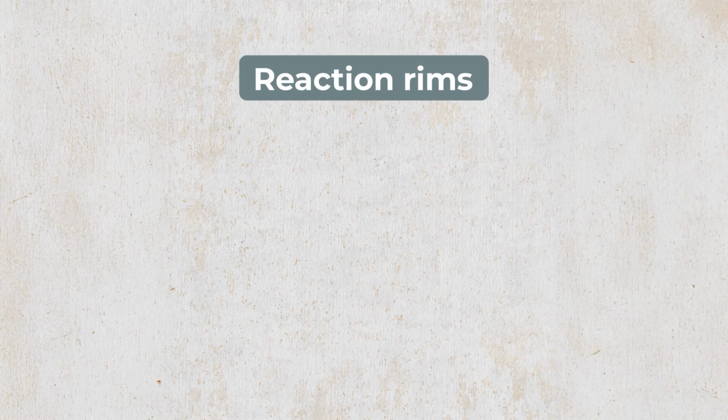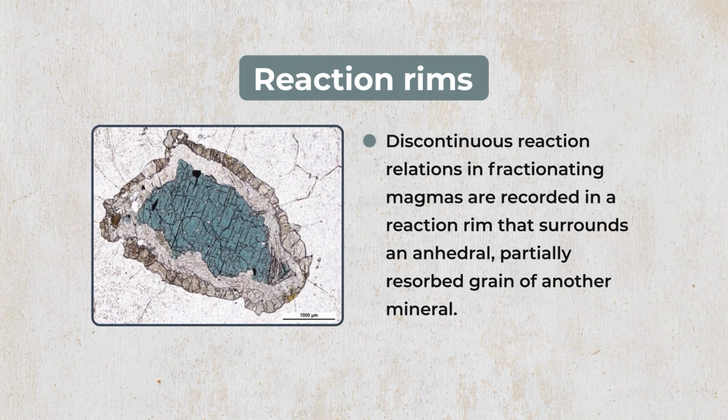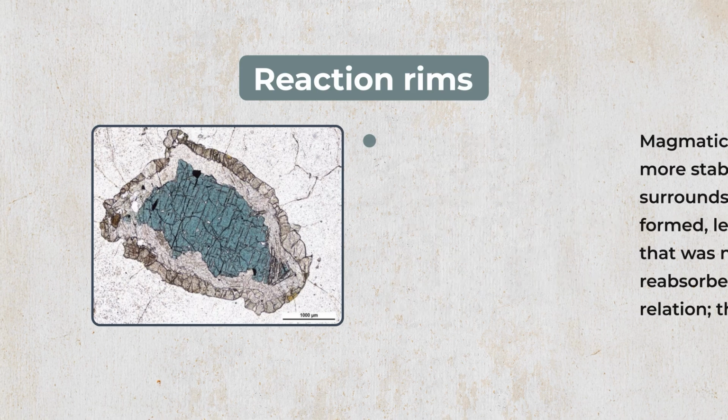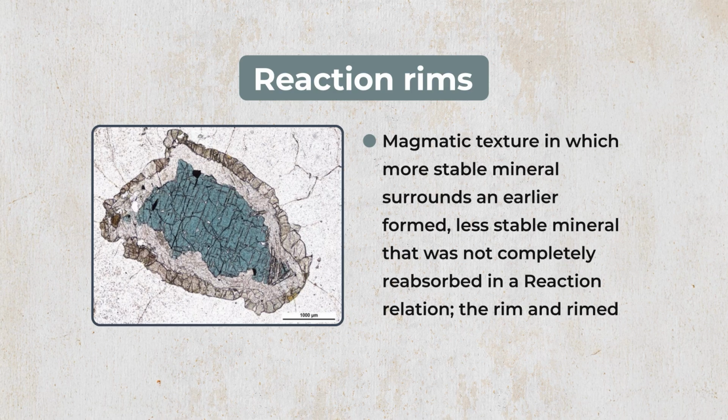Now, reaction rims are the product of discontinuous reaction relations. They indicate discontinuous reaction relations in fractionating magmas and are recorded in a reaction rim that surrounds an anhedral, partly reabsorbed grain of another mineral. It is a magmatic texture in which a more stable mineral surrounds an earlier formed, less stable mineral that was not completely reabsorbed in a reaction relation.